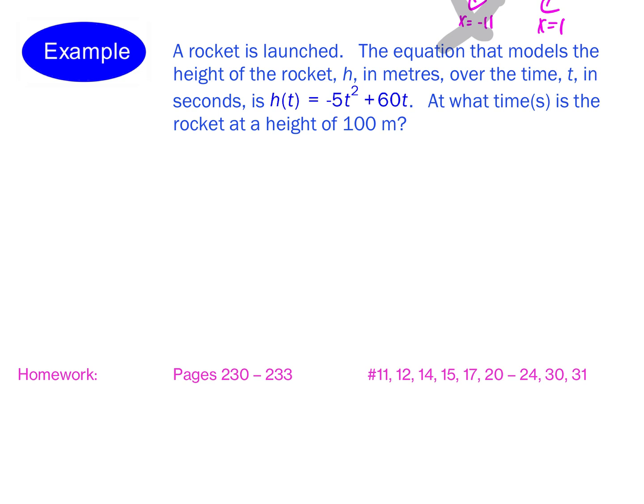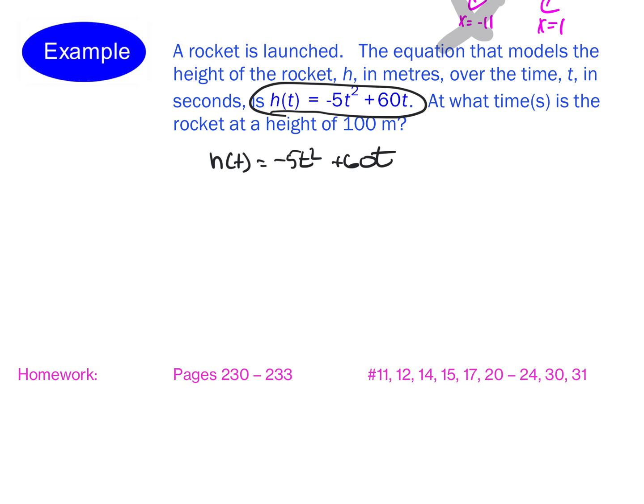At what times is the rocket at a height of 100 meters? So this question is nice because it gives us the equation. The equation is h of t equals minus 5t squared plus 60t. We're just asked, when is the rocket at a height of 100 meters?